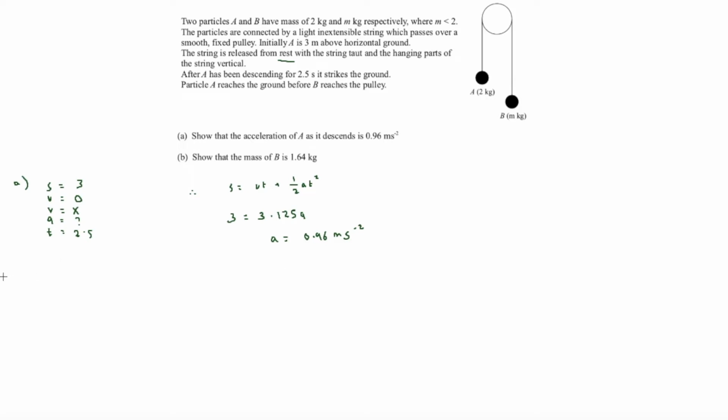B is slightly more difficult, and it is going to be using a bit of that idea of F equals ma. So for this one, we need to know where tension is acting. Tension is going to be acting there. Tension will also be acting up there.